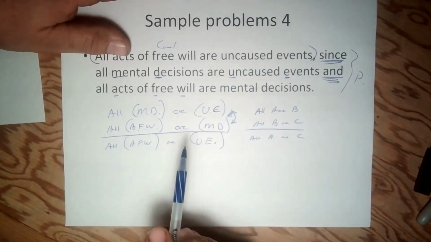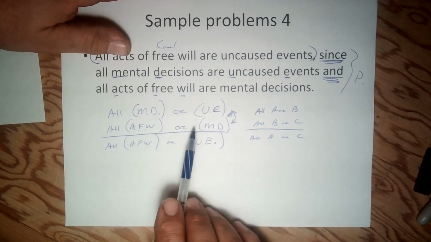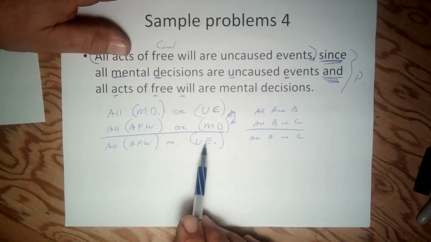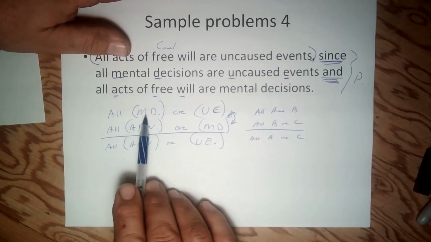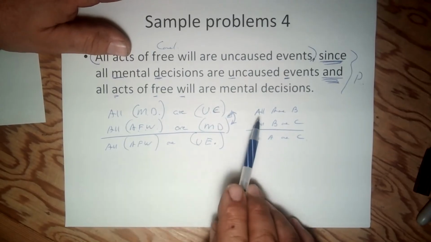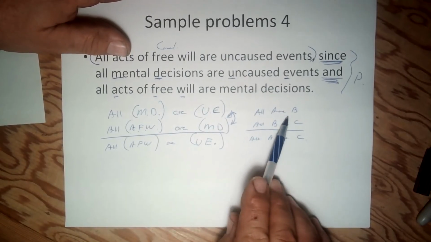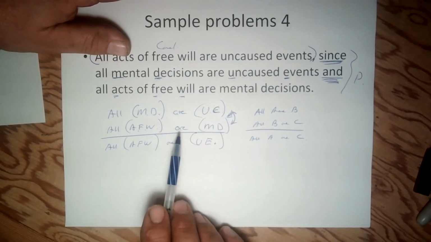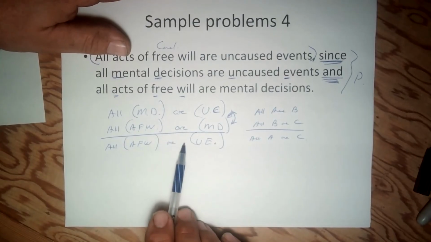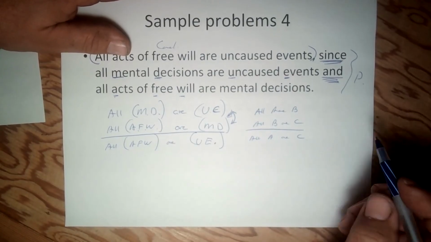Because what really matters for these arguments is, do they work structurally? The MD could stand for anything you want at this point, right? A and B can stand for anything you want. This becomes just a straight up measurement of the structure of the argument.